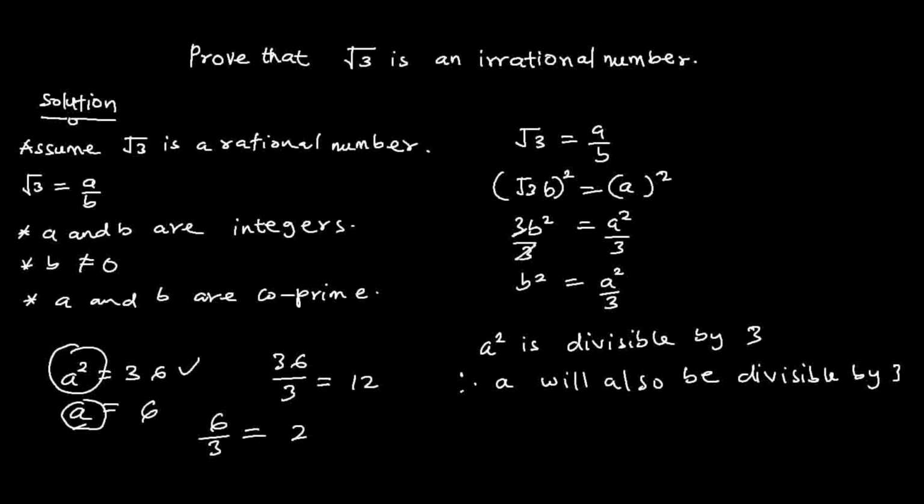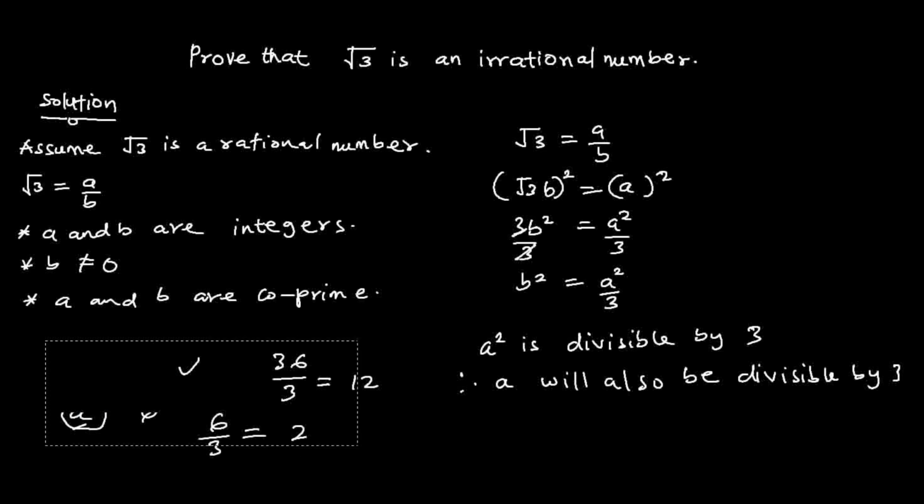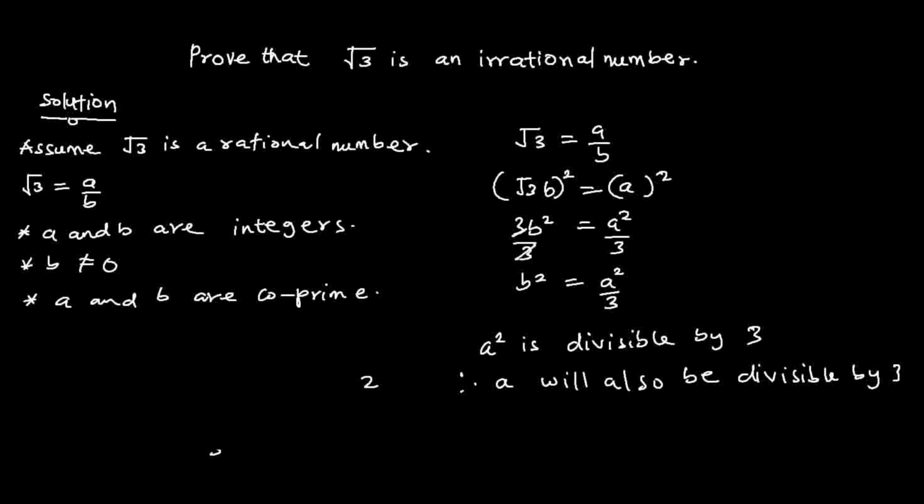So now you know that a is divisible by 3. Let me free up some space so that we continue. Okay, so now since a is divisible by 3, what that means is that 3 times a certain number c will give us a.